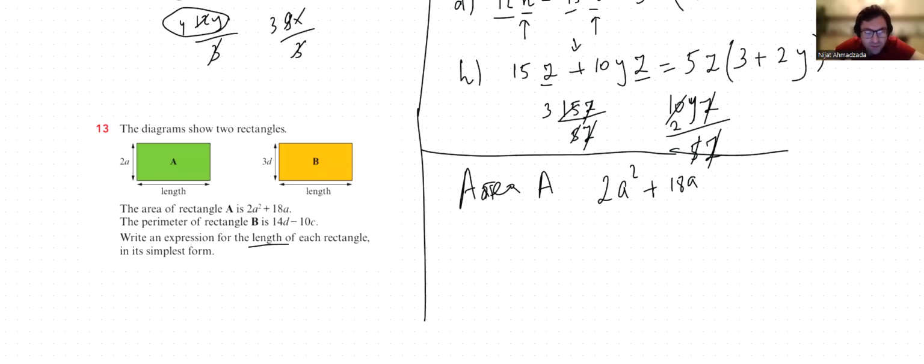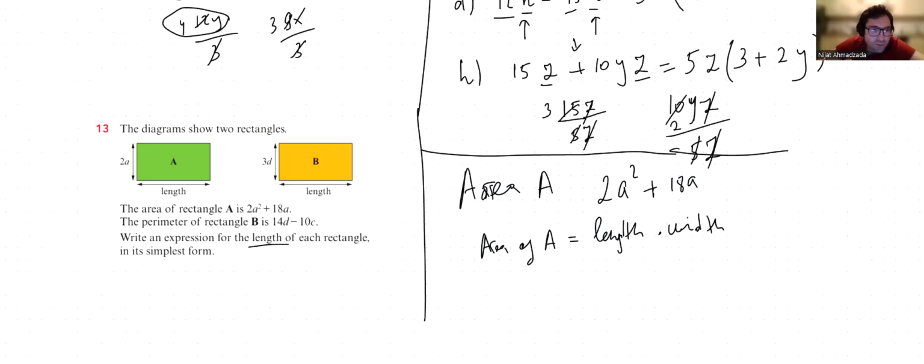Sorry, not length of A, area of A. Area of A is equal to its width times its length, right? So area of A is the same thing as its length times its width.